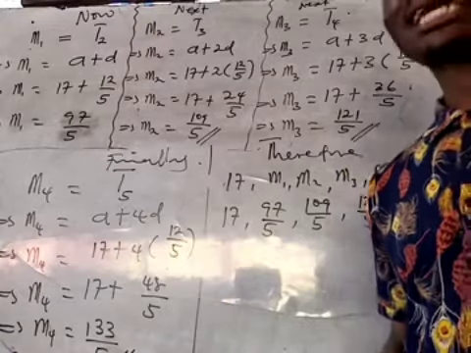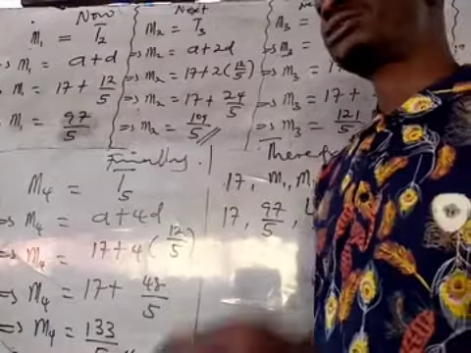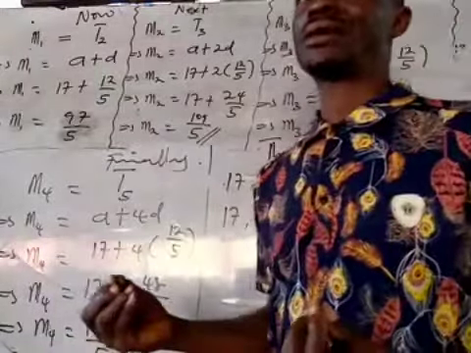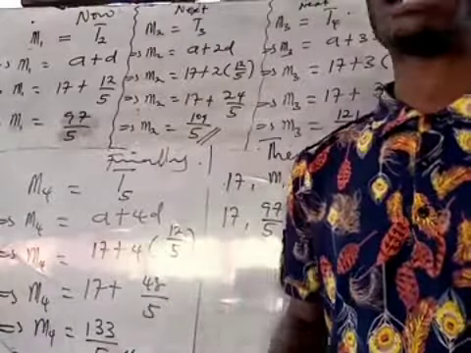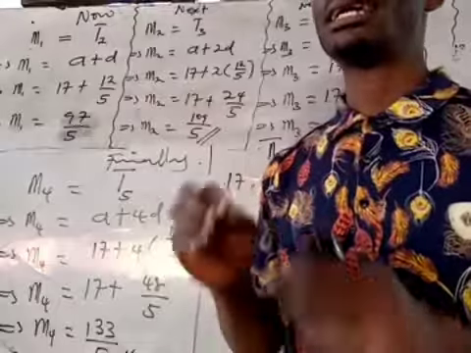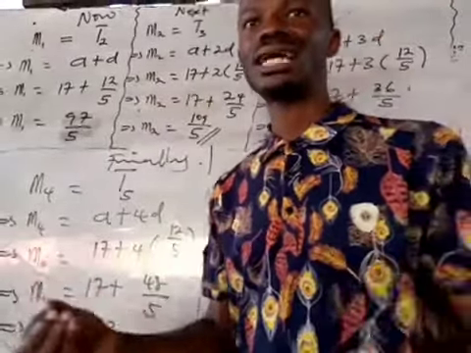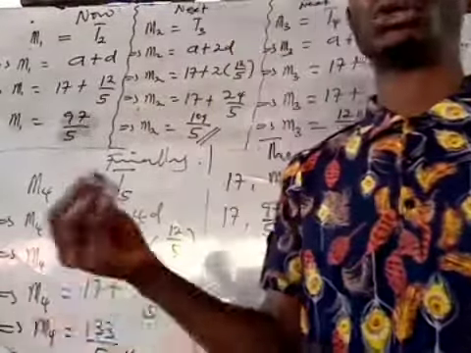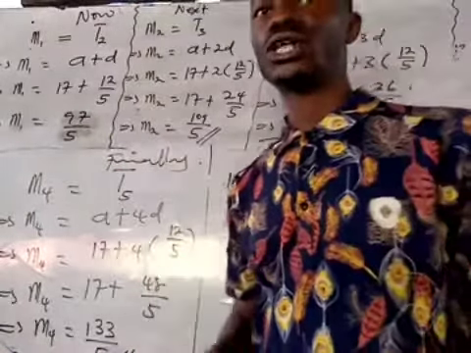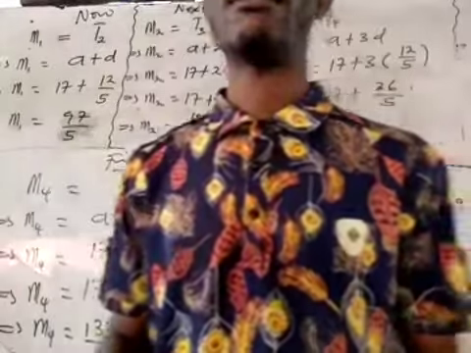The reason that exercise comes into play is that they want to let you know that irrespective of what the numbers are, be it a whole number, a decimal number, a fraction, or a natural number, you can easily insert as many arithmetic means as you wish in between the given numbers.